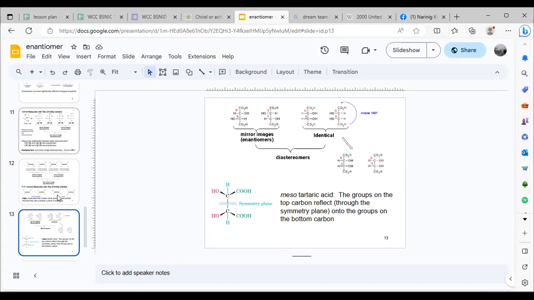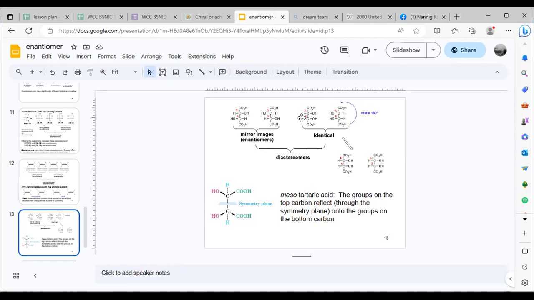Okay, this is another example. You have tartaric acid. Take note, if you put a mirror in the middle of that molecule, one half will reflect the other half. So if you have a mirror in between the two, one will reflect the other, and they are superimposable. So these are meso compounds.